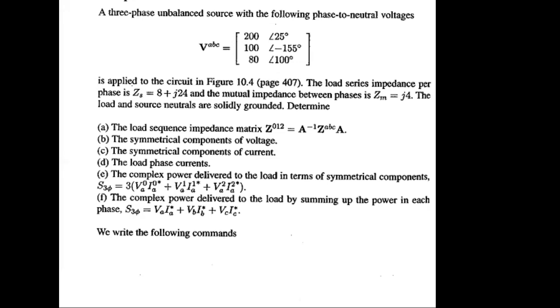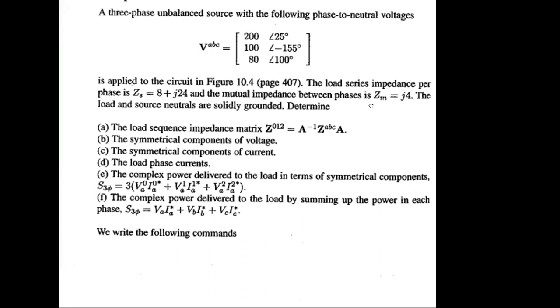So you will have VA, VB, VC as well as ZS, ZM and ZN. Find Z012 at first. Sir, one small question: with solid ground Zn equals 0, are there any fixed values for resistive and reactive ground? Resistive and reactive ground information will be given in the problem statement.